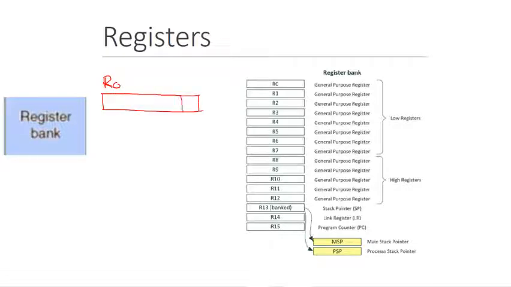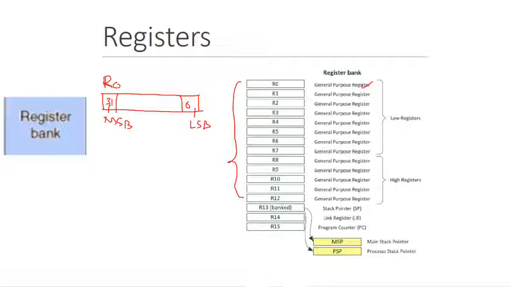Its capacity is bits 0 to 31, LSB to MSB. Out of R0 to R15, only R0 to R12 are meant for general purpose use only. Hence, these are named as general purpose registers.